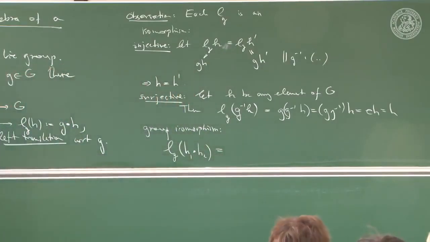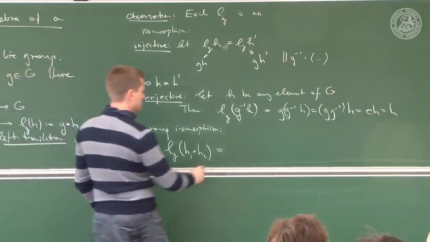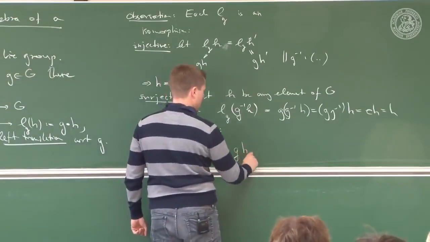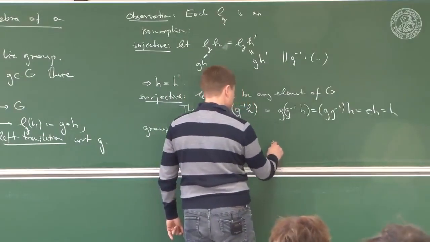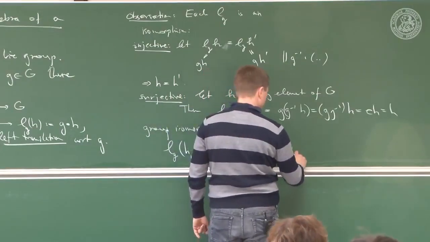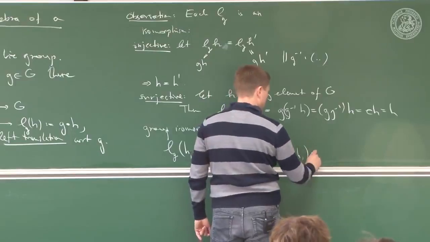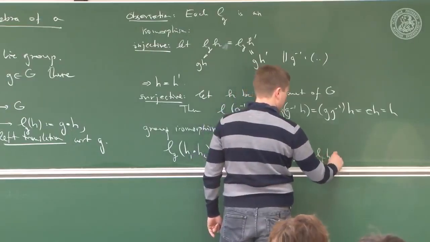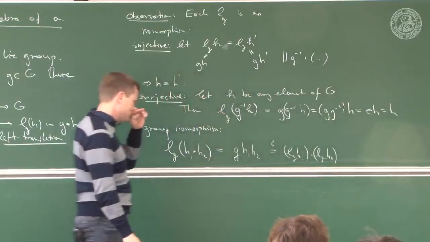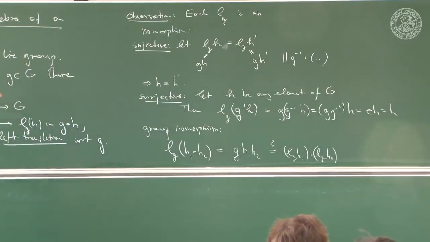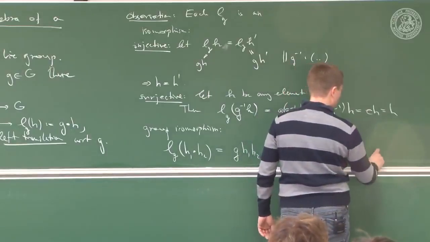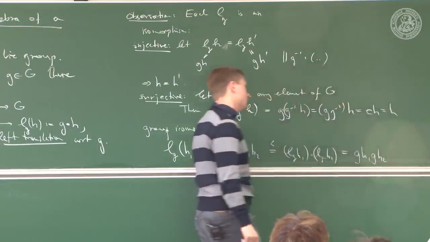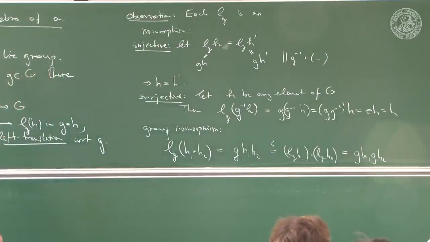So this yields G H1 H2. And the question is, is this the same as LG H1 blob LG H2, which is GH1 GH2? Well, in general, it's not.